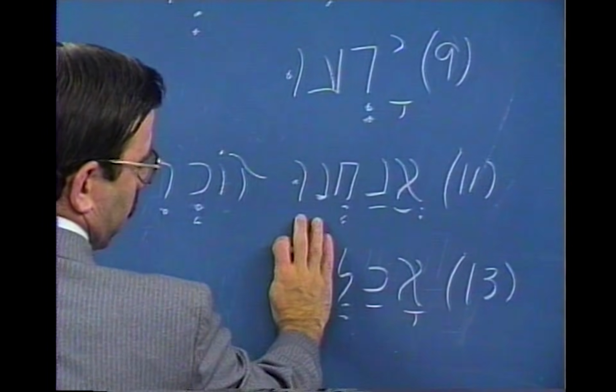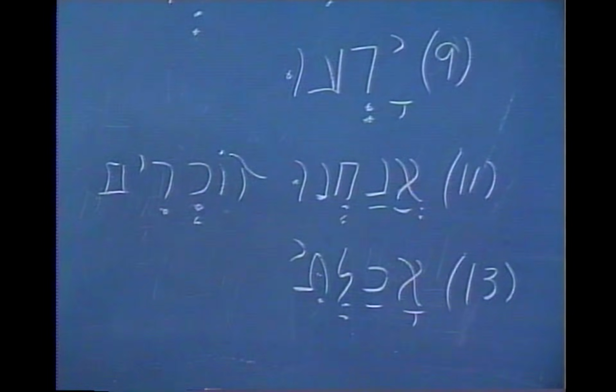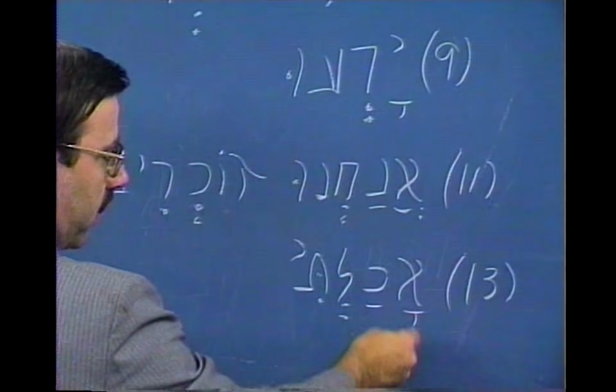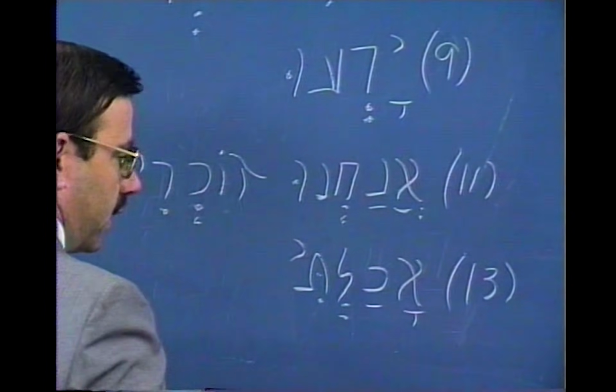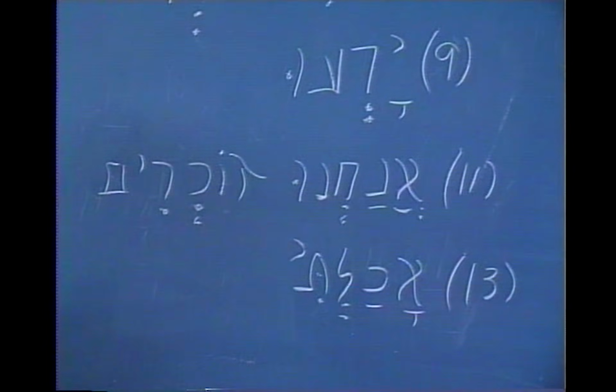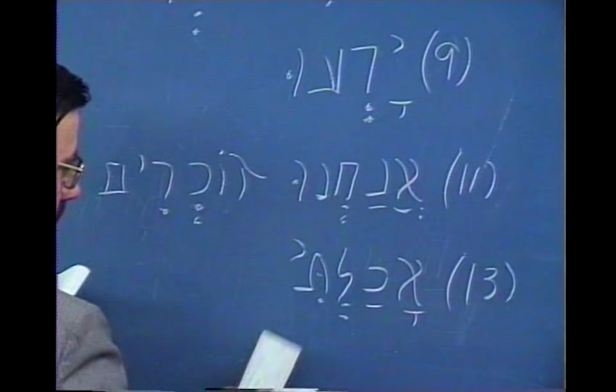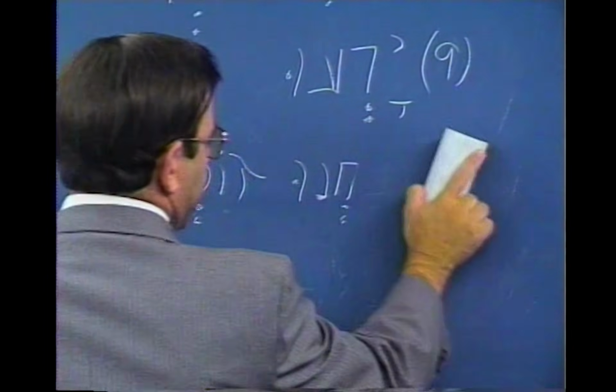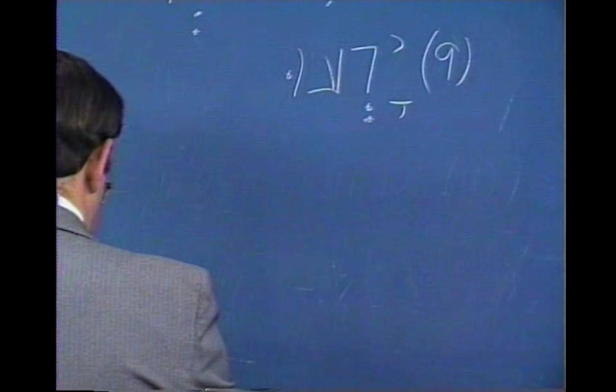So you see what I'm trying to do when I write these on the board is when I'm thinking of the verb, I'm trying to think of instantly the triliteral root, such as eat, I knew as akal, or aleph, kaf, lamed, and so I wrote that down, and that was how we got to getting to the point that we were wanting to get to in translating the entire sentence.